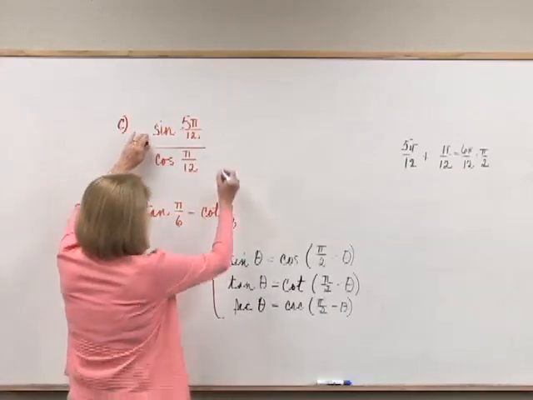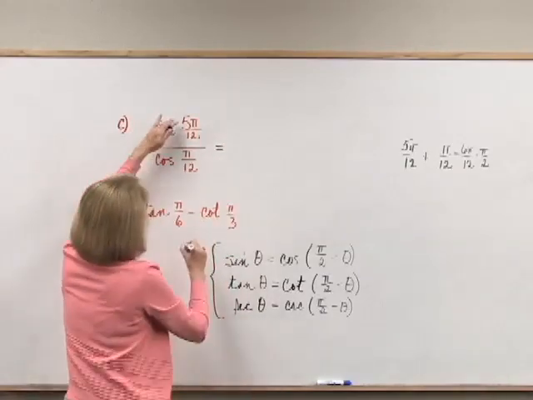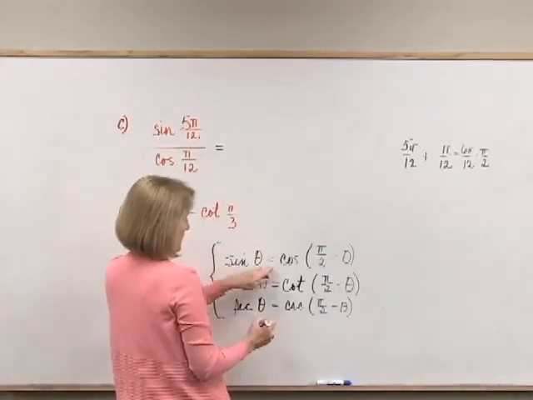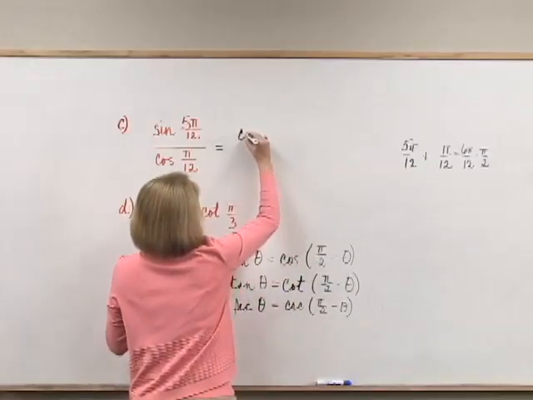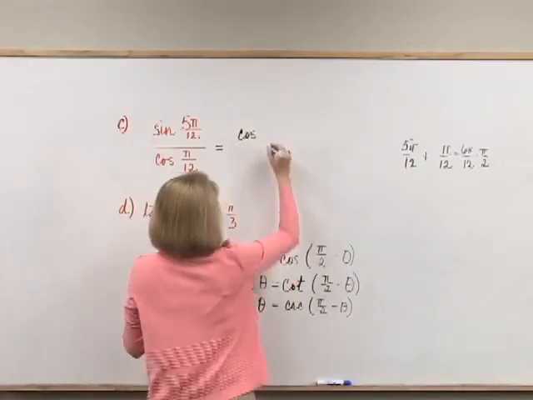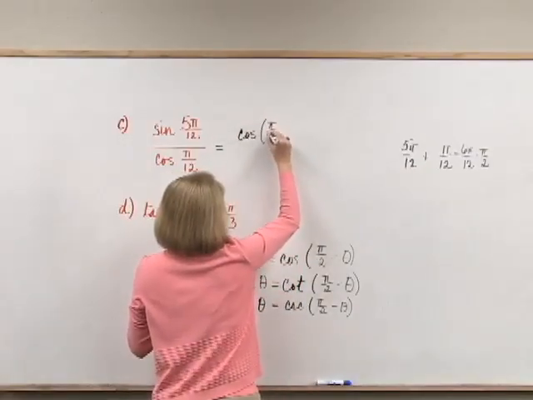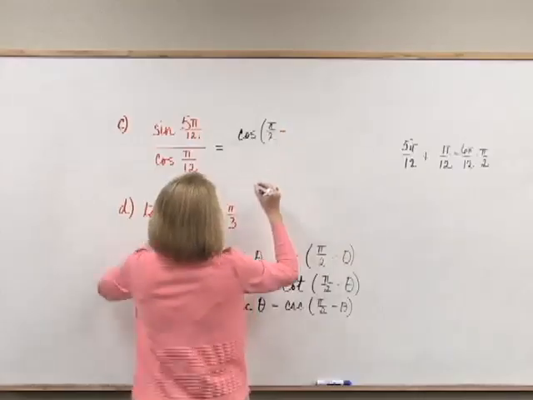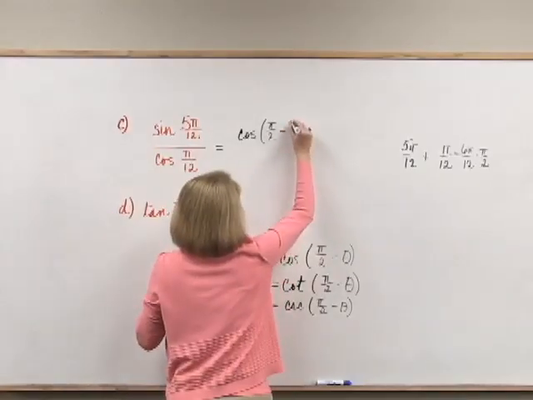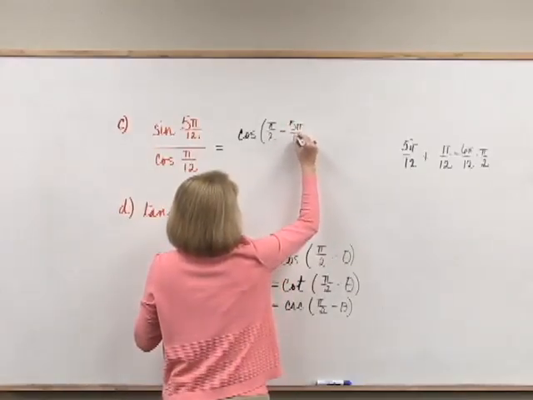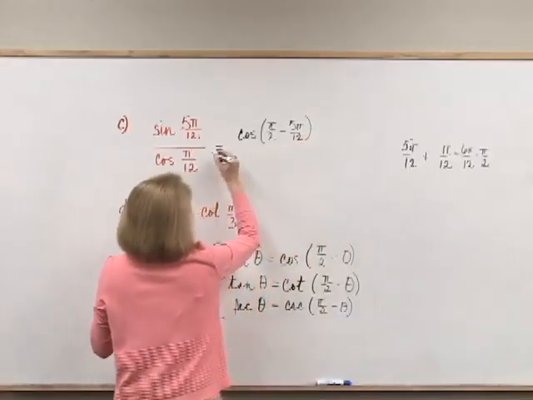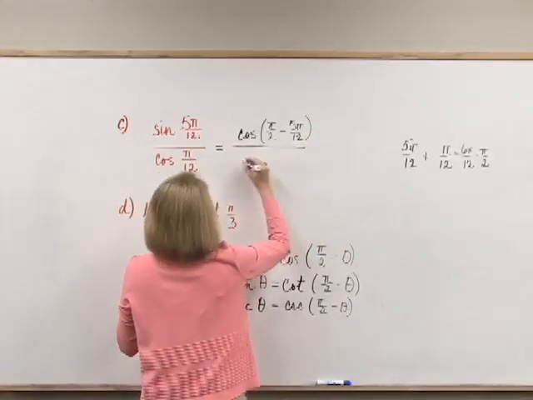We can rewrite the sine of 5 pi over 12 as the cosine of pi over 2 minus 5 pi over 12. Okay, and then I'll just copy the denominator over.